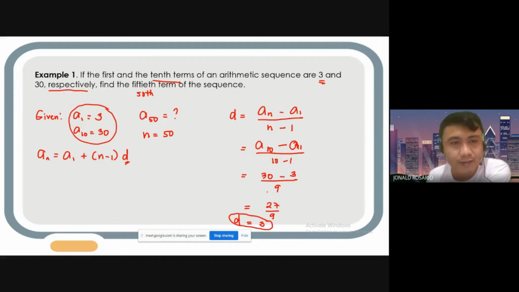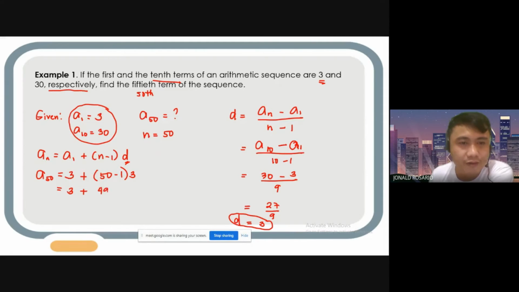We just plug it into our formula for the nth term. We're looking for the 50th term, so a sub 50 equals a sub 1, which is 3, plus n, which is 50, minus 1 times the common difference, which is 3. So you have 3 plus 49 times 3.